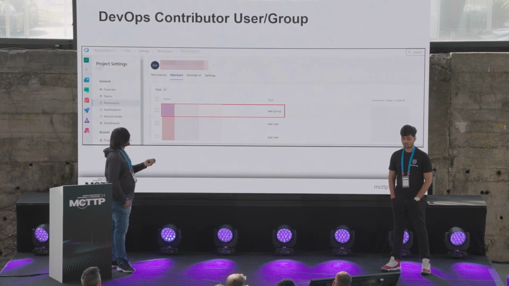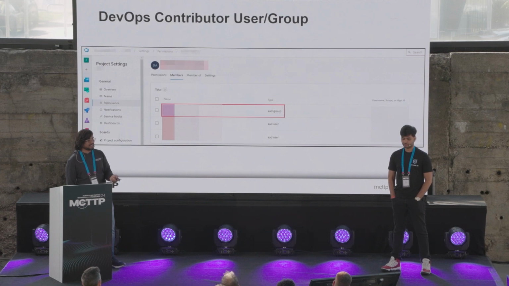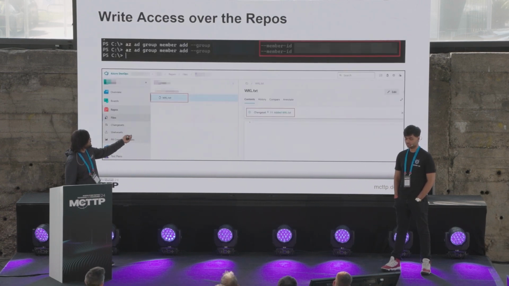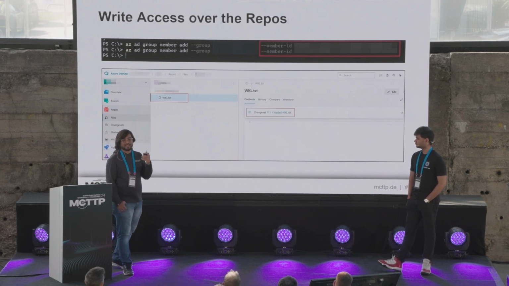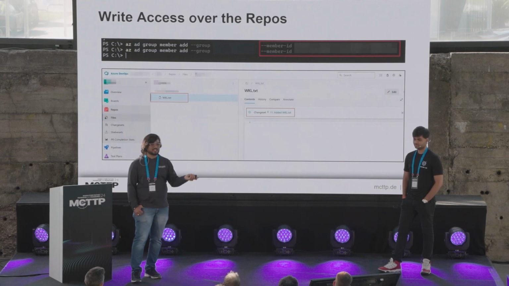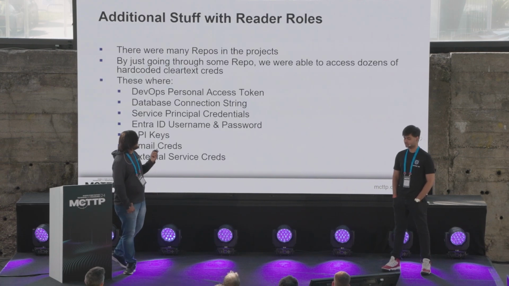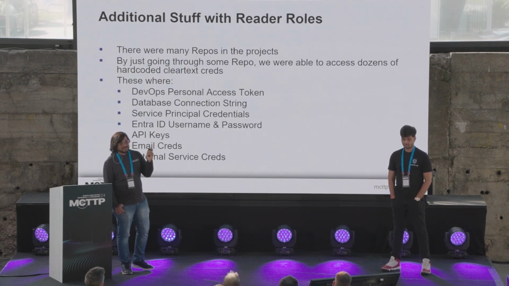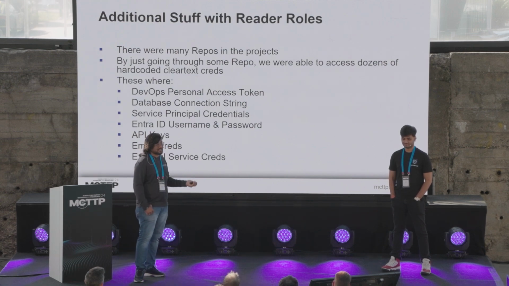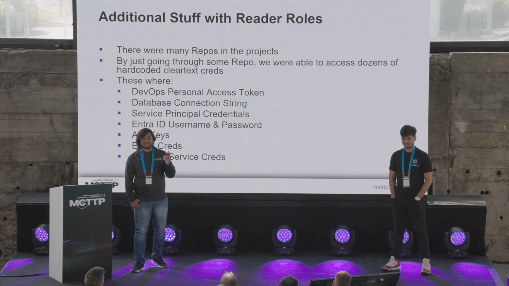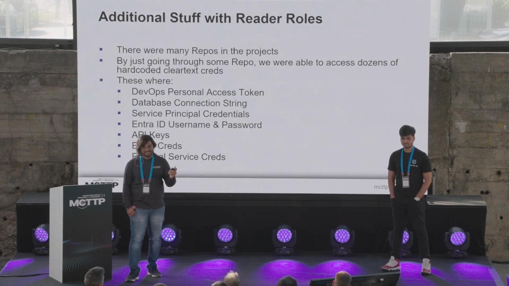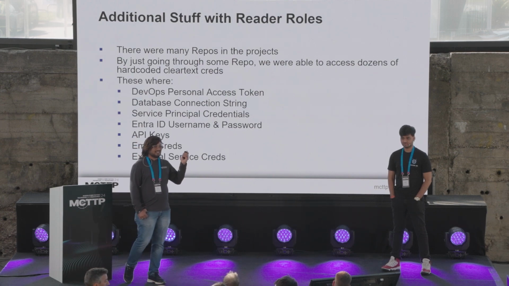We managed to gain access to that group by adding our own user. In that group, we had 2 users, which allowed us to add and modify every repo present in that DevOps environment, right? Because a contributor has those privileges. We found multiple hard-coded credentials, PATs, that is personal access tokens, and database connection strings. We found credentials even for third-party services, like third-party email services such as Gmail.